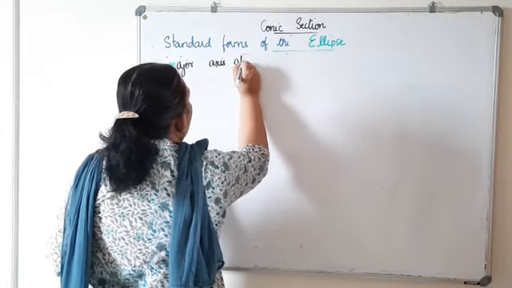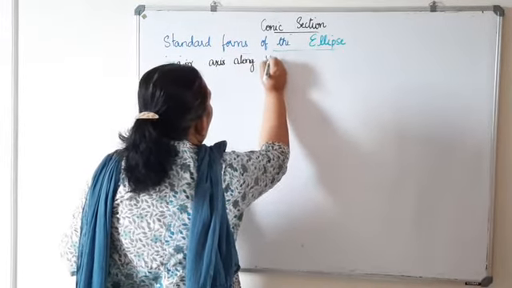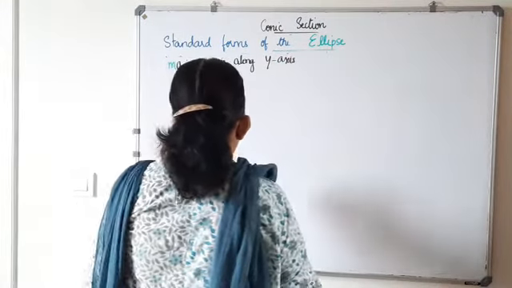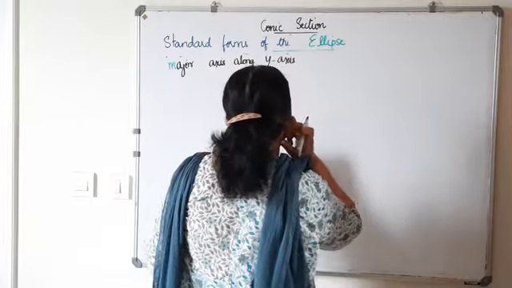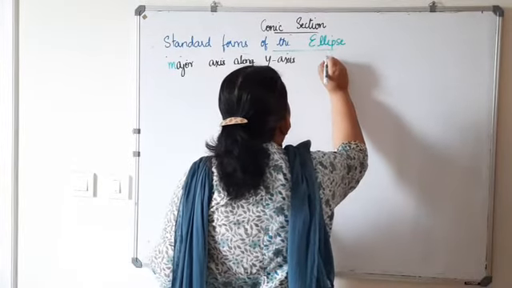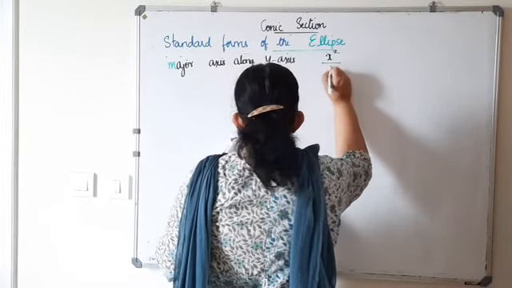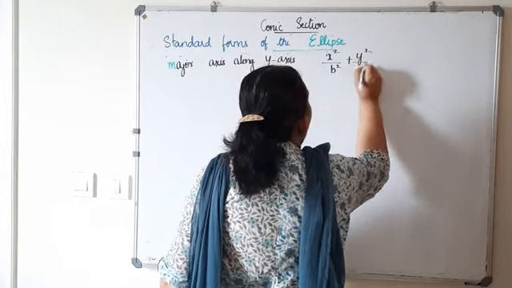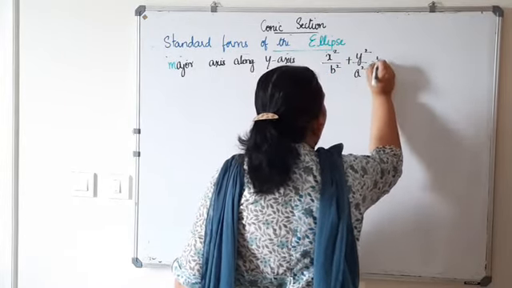Major axis along y-axis. Standard form is x squared by b squared plus y squared by a squared is equal to 1.